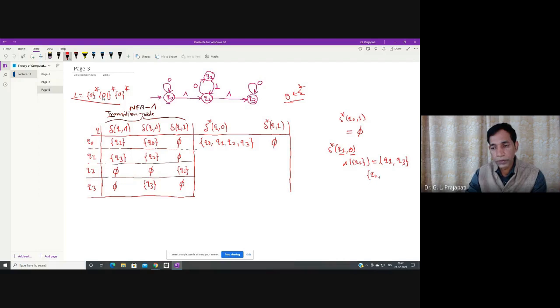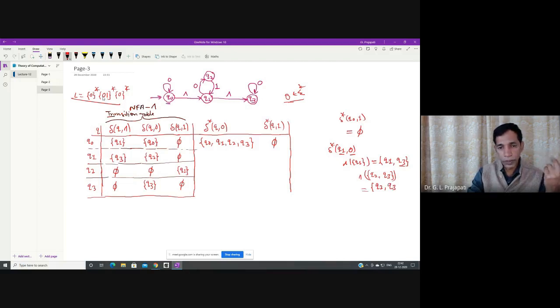Whenever you are at Q1, input is 0, your machine goes to Q2. Whenever you are at Q3, input is 0, your machine goes to the state Q3. And next, you have to consider the null closure. Null closure of Q2 is what? Null closure of Q2 is Q2, Q3.